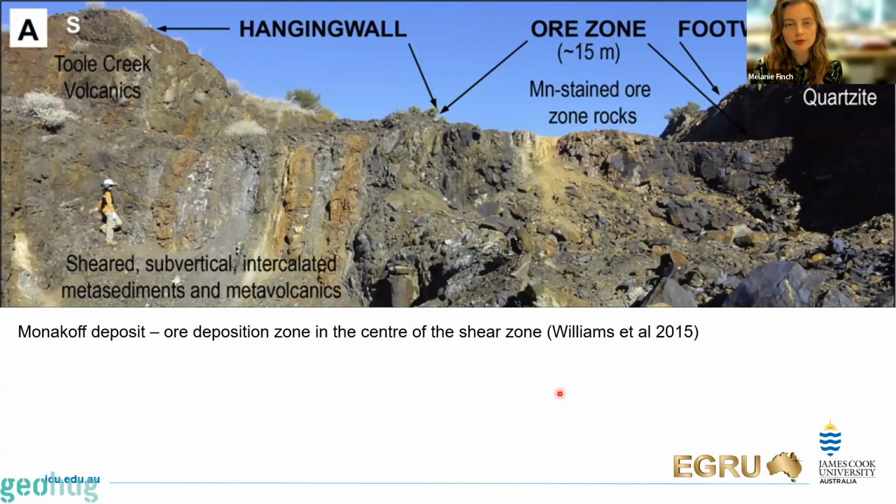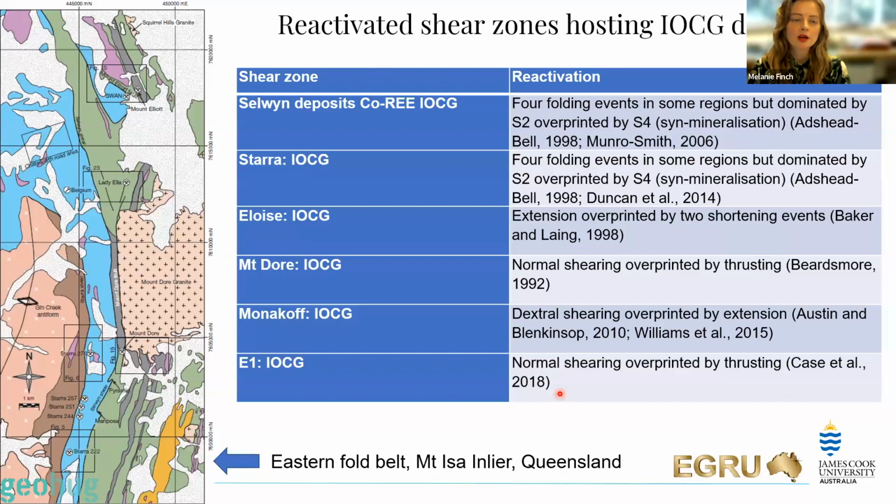So the cool thing for me about all these shear zones, when you go through the literature, you start to realize that they all have one thing in common, and that is that they have this long history. All of these ore deposits have formed in shear zones that had an early history, and then the mineralization occurred later in the history in a different deformation event.